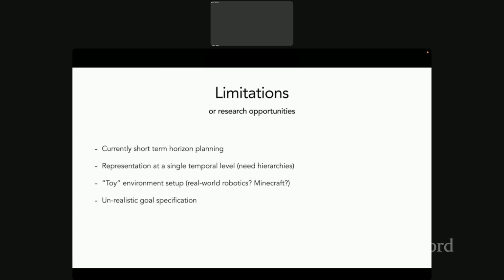For now, as I explained before, you need to provide a visual goal, but you don't have access to that all the time. And it doesn't tell you anything about how you should solve the task. For instance, if you have a plane that needs to land, you don't want to just show a picture of the landed plane to do the planning. You want to specify how smooth the landing should be and everything. So we don't know how to do that for now with this kind of approach.